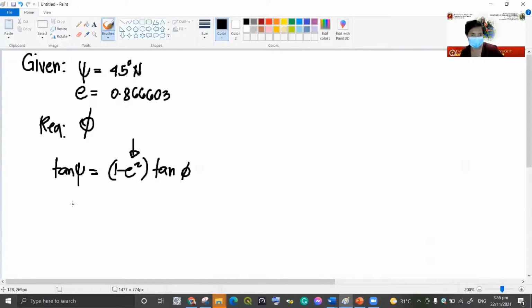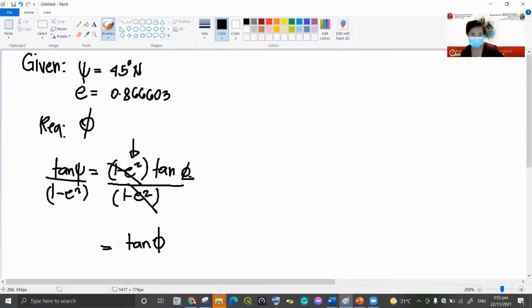So we can compute the value by dividing by 1 minus e squared. We can cancel out, and this will become tangent of the geodetic, which is tangent of the geocentric over 1 minus e squared.